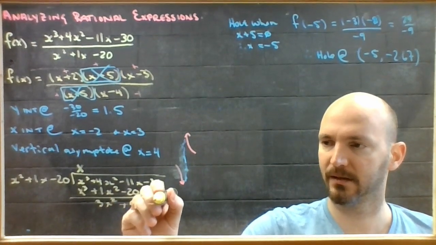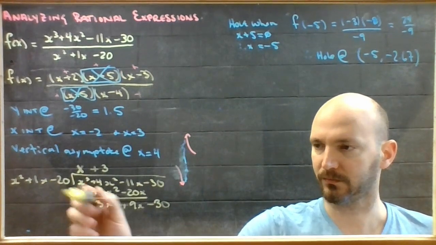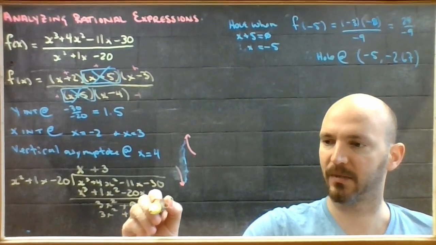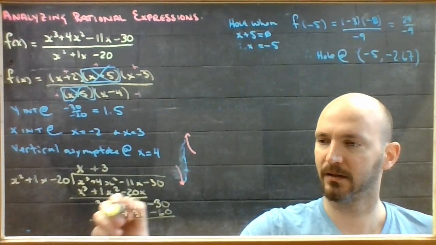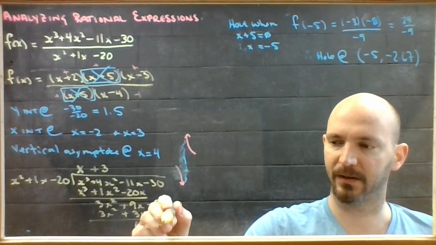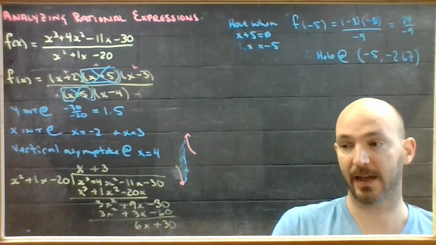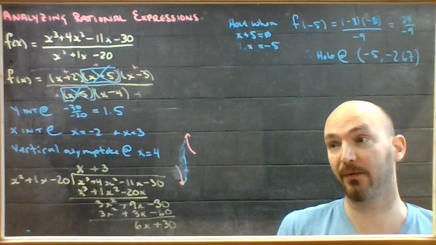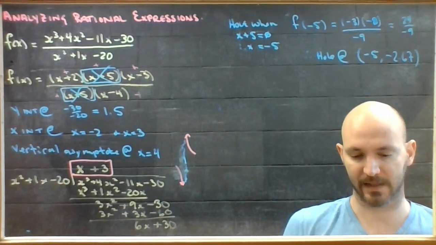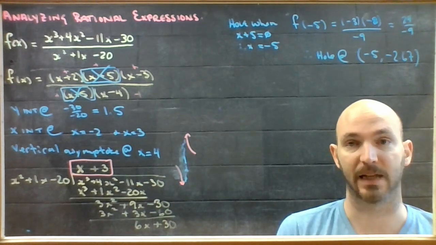Minus 9x's plus 3, 3x squared plus 3x minus 60. There's 6x plus 30. Alright, so I can't go any further there, so I've found my end behavior, right? That's it right there. I don't need to write any of this stuff out formally. I can just hack through it and see what I get.